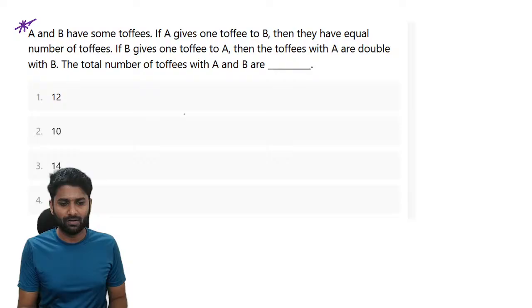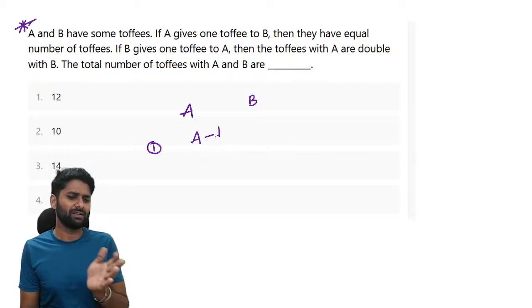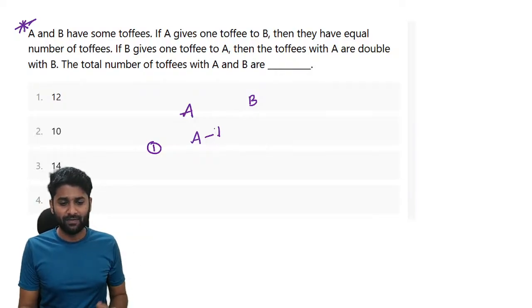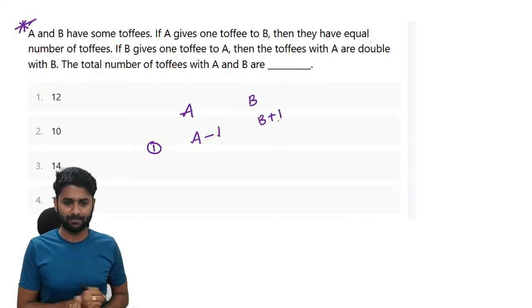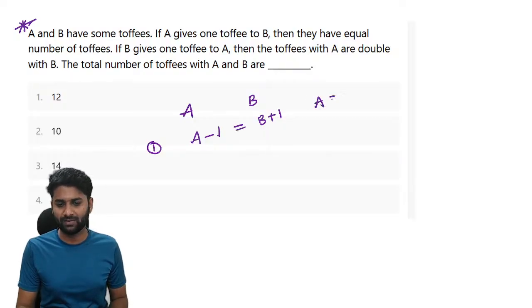Now A and B have some toffees. Let us take that A has A, B has B. Statement 1 says that if A gives 1 toffee, that means A minus 1. Finally, after giving 1 toffee to B, A is left with A minus 1. If A gives to B, then 1 toffee is added to B. Now they clearly mention that the value is the same. Now what is A's value here?